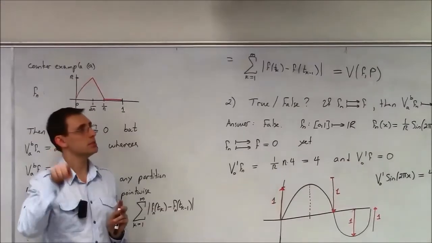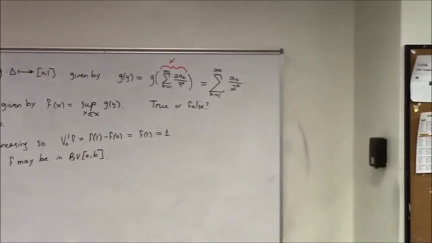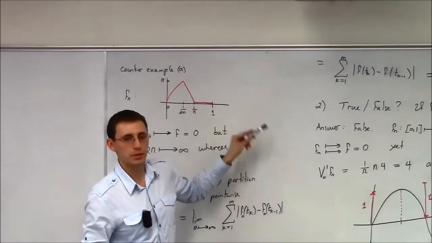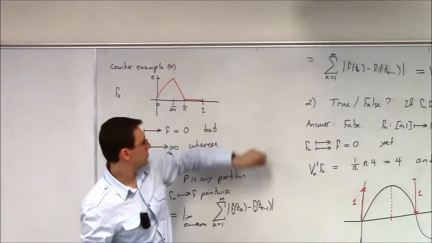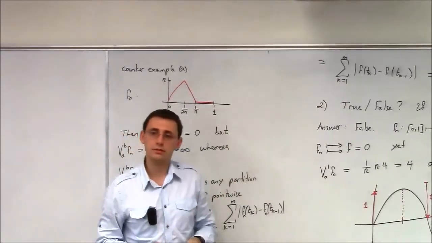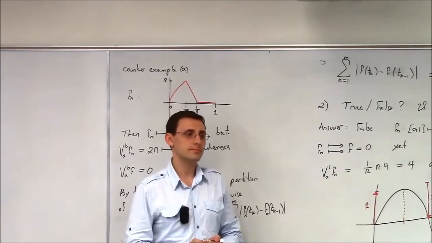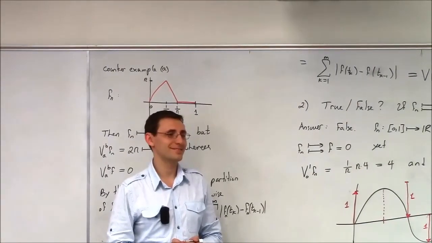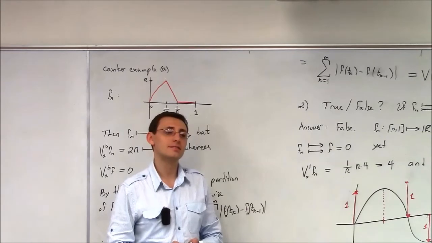Increasing, decreasing, sure, but it has to be doing that uncountably. Maybe the particle just uses a lot of teleporting, right? That's what happens. It just jumps around. So could it be of bounded variation? No? Why not? It jumps infinitely many times. And if it were countably many times, then it could converge.